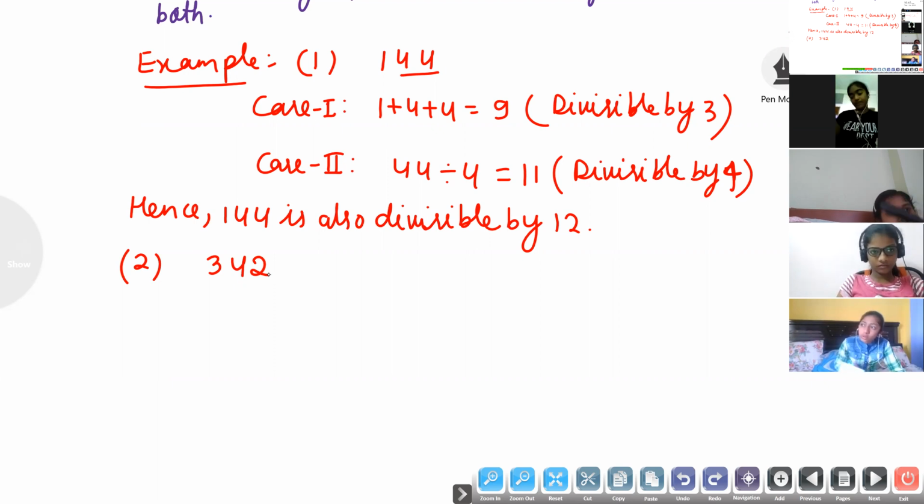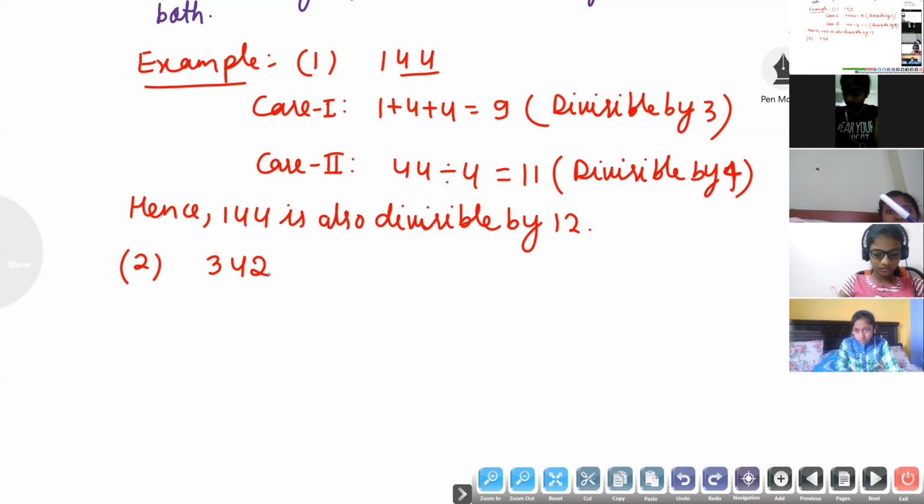How to check? The sum of all digits: 3 plus 4 is 7, plus 2 is 9. Divisible by 3, yes. Divisible by 4? The last two digits are 42. Divisible by 4, no.